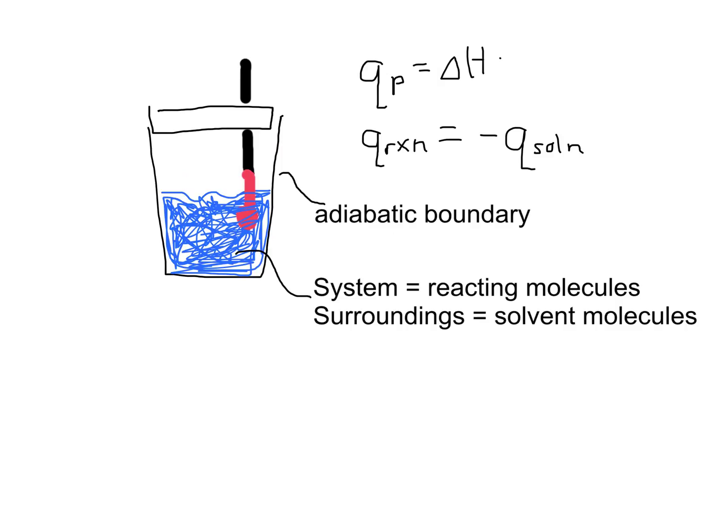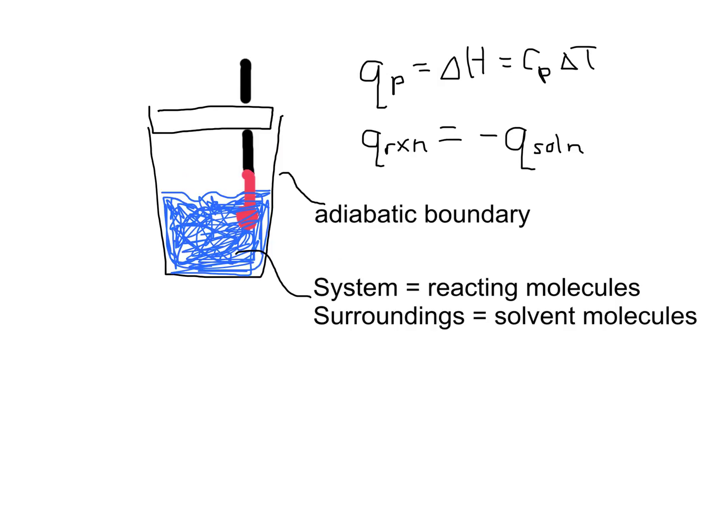Recall that delta H is equal to the constant pressure heat capacity times the change in temperature. If we know the constant pressure heat capacity of the solution, or the surroundings, then we can calculate the amount of heat taken in or given off by these surroundings or solvent.